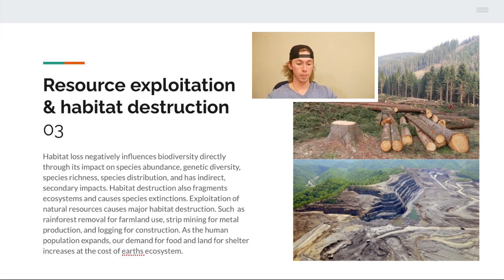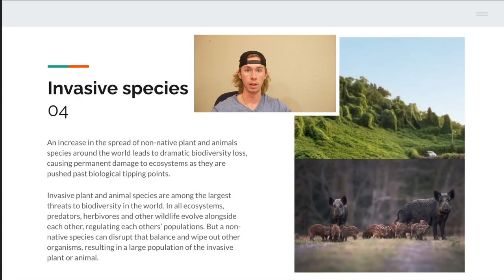The fourth contributor to the loss of biodiversity is invasive species, and this is one that I've personally seen a lot. I've included two images on the slide. One is an invasive species called kudzu that's very prevalent down in the south, and it is a vine species that grows over top of trees and other shrubs, and once it grows over top, it completely blocks out the light, and it kills off anything that's underneath of it because it cannot get sunlight in order to grow.